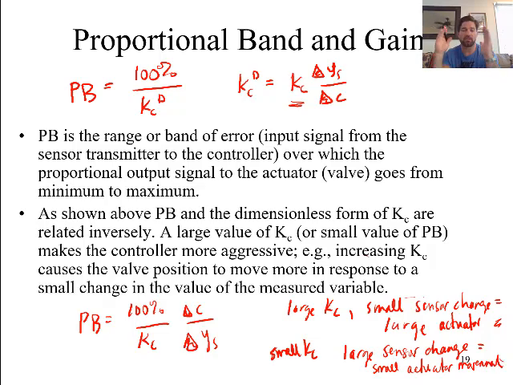In this case, we can use the whole sensor range, but we're only using a fraction of the actuator. This is a more conservative type of control because the gain is small, and again a high proportional band, because we're using all of the sensor but are limited in terms of actuator movement.